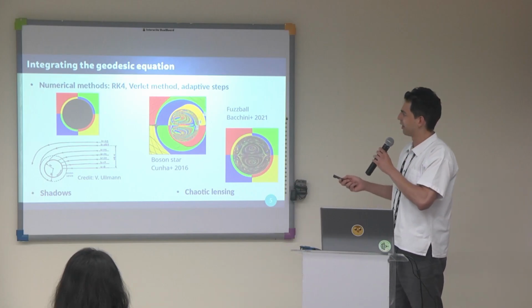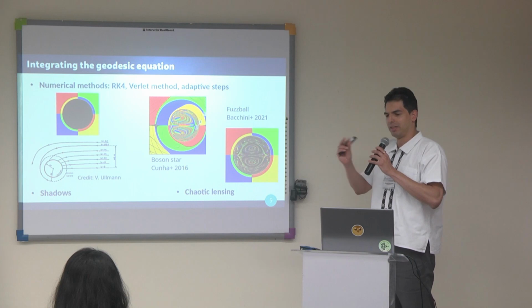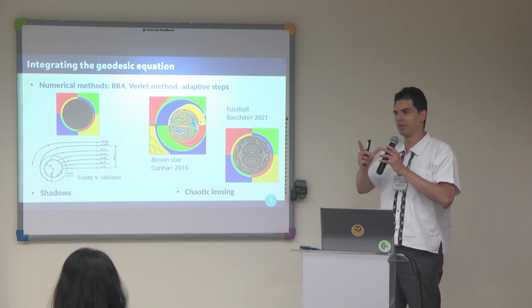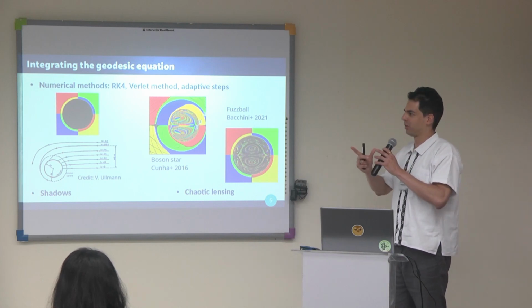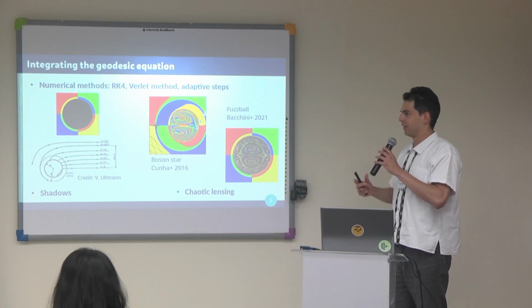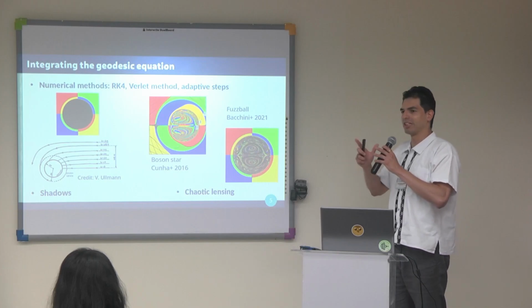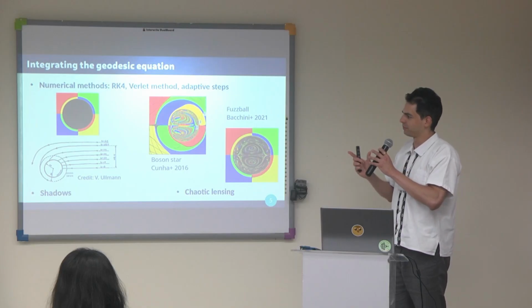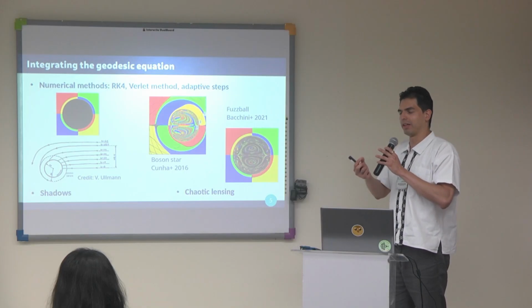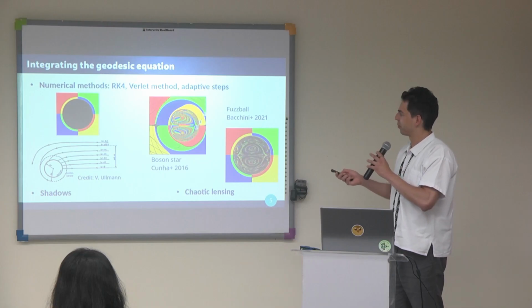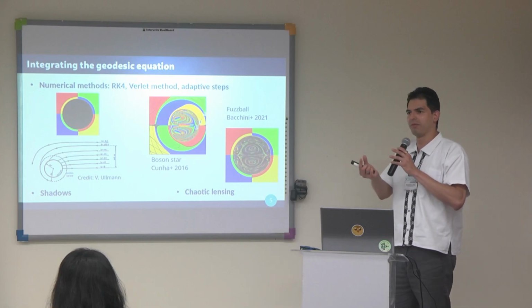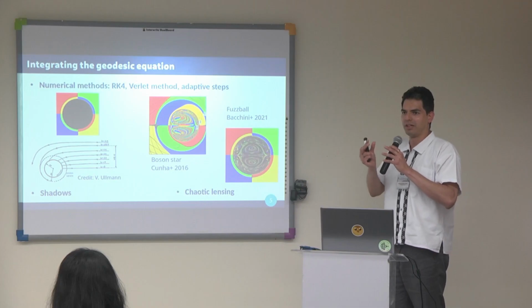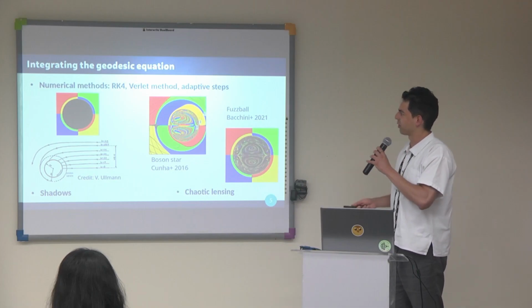For example, there is the Verlet method that has this property that is also used for integrating trajectories, for example, in mechanics. It preserves the volume in phase space, so that it can better preserve some of the constants of the motion.